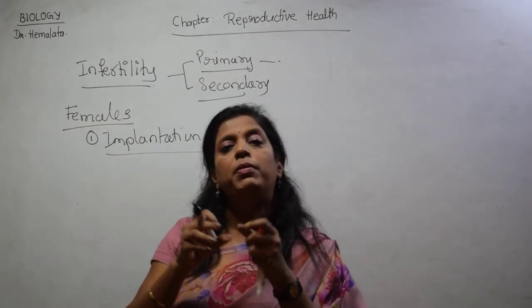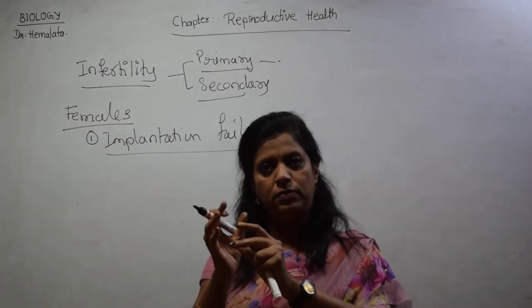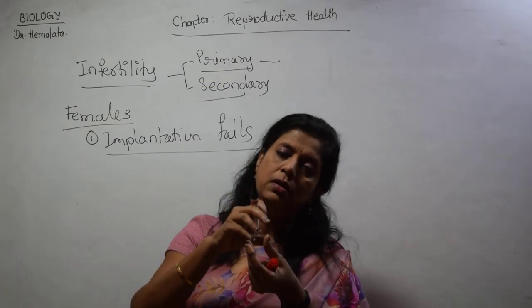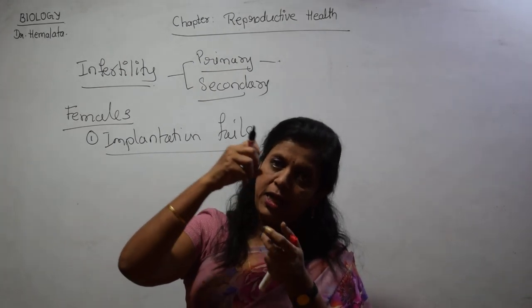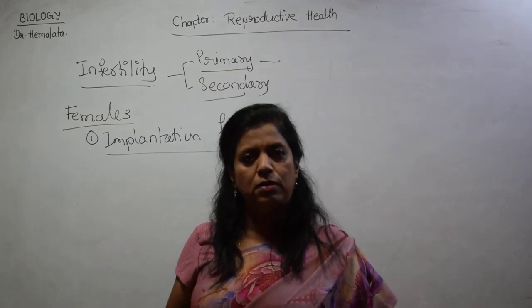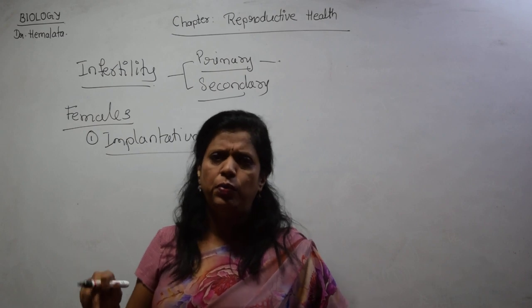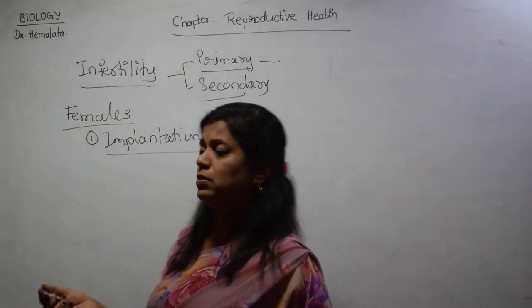But sometimes this attachment will not happen because the uterine wall will reject it. There is a kind of incompatibility between the zygote and the endometrium tissue. So although it gets fertilized, it may not implant, so it will be rejected. Once it is rejected, it is aborted. So, no question of pregnancy. This is one important reason, which is a very internal reason. Hardly people will understand what's happening with this.